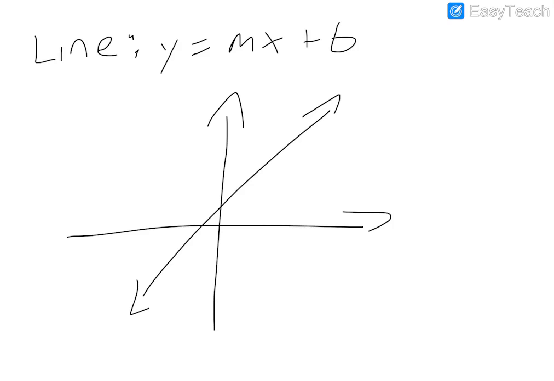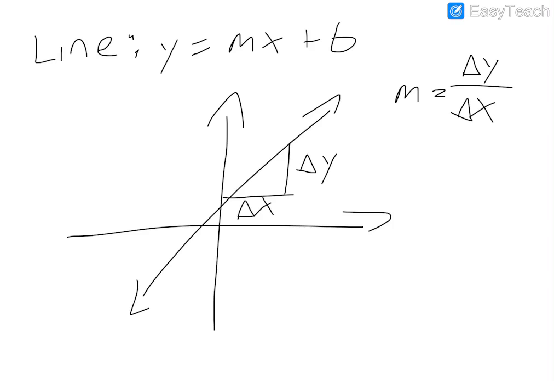Well, m is the slope of the line, or rise over run. So if we take the change in y and the change in x, m is equal to the change in y divided by the change in x. And since this is a straight line, this ratio will always be constant.